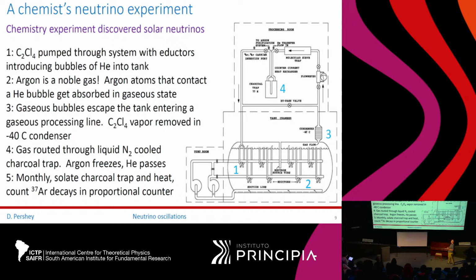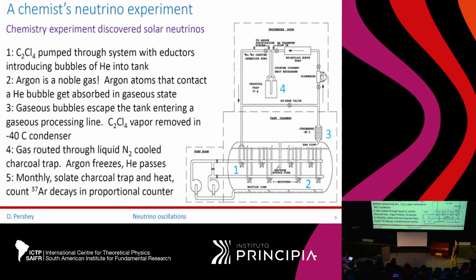Continuing this double circulation process several times, you are basically going to get every argon atom that is somewhere in the tank next to a helium bubble. The argon atom is going to get eaten up by the helium bubble since it wants to be in a noble gas state. And so once you're here after step 2, you get a bunch of gas bubbles coming up to the top of this tank, which have both helium and captured all the argon from this tank out.